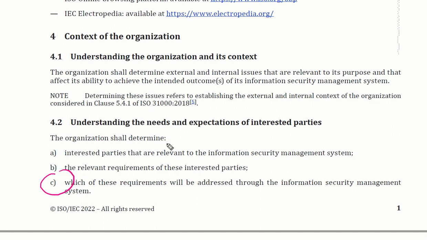But the older standard did not clearly state whether we were trying to fulfill those needs through implementing proper information security controls. So now they have come up with a new requirement where you need to address those requirements through your information security management system, or the controls you implement within your organization. This is the new requirement that has been added.